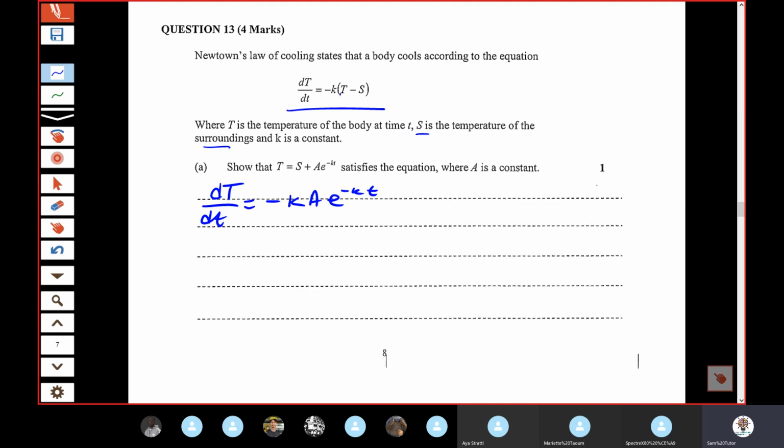You've got to prove that it becomes T minus S. Obviously, you can see A e to the negative kt is T minus S. So all you got to write at this stage is T minus S. Done. 2 steps. Very straightforward. 100% will be in your exam. That's a no-brainer, so there's no reason why anyone should get that wrong. Anyone confused about any of the steps? Okay.